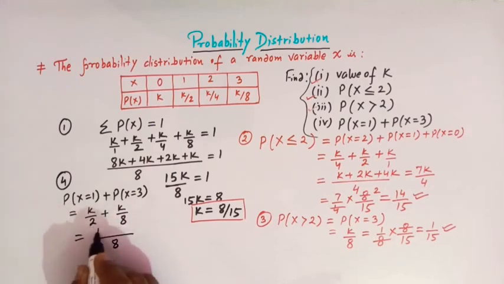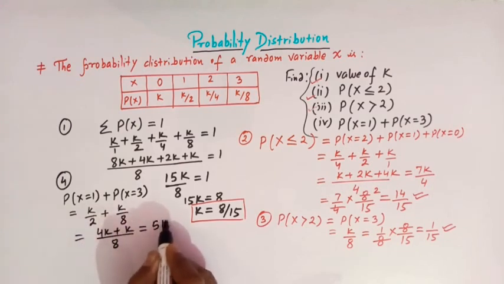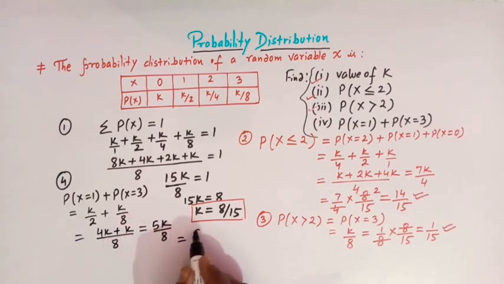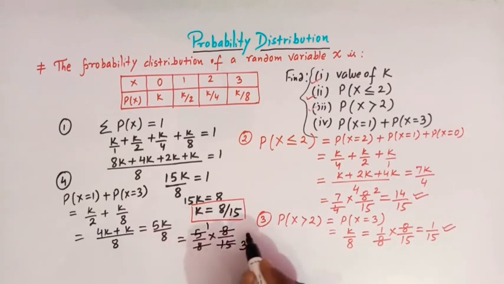So we have 4k plus k, that is 5k over 8, right? And again we'll make use of the value of k, which is 8 over 15, right? So 5 over 8 times 8 over 15, 8 and 8 get cancelled. This is 5 ones are 5, this is 5 threes are 15. So we have 1 over 3, right?